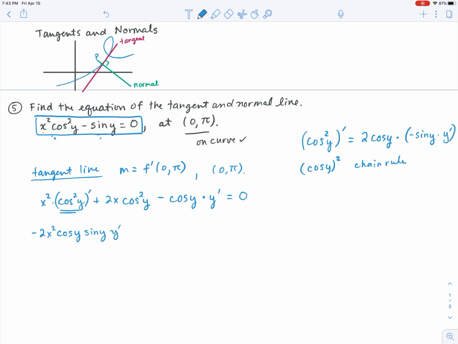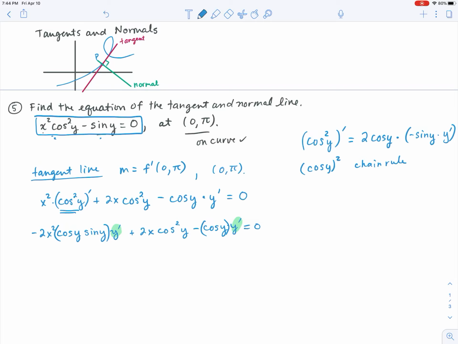Let me double check and make sure I didn't miss anything. I don't think I did. Plus 2x cosine squared y, minus cosine y y prime, equals 0. I can put parentheses around these just to make sure it doesn't look like y prime is caught up in the argument.